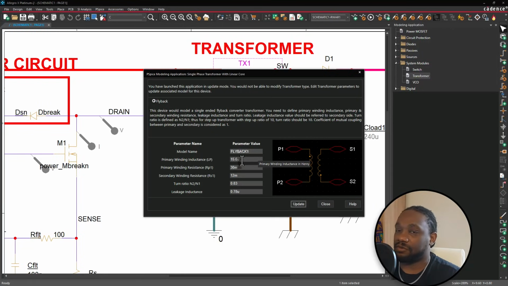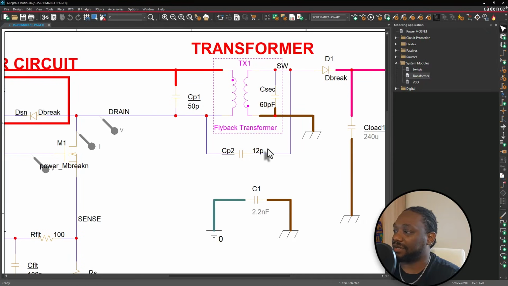That is set for whatever calculations you do. So I set mine to 15.6 microhenry based on my calculator. And then we have the primary winding resistance set to 30 milliohms. The secondary winding resistance, 12 milliohms. The turn ratio, N2 over N1, 0.83. And then leakage inductance. Okay, so you're going to use your own calculator to get these numbers and then set them inside this modeling application.